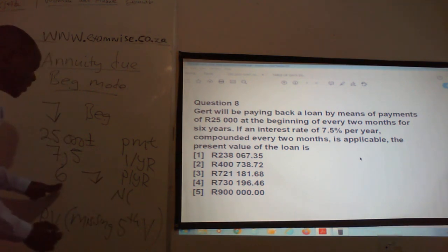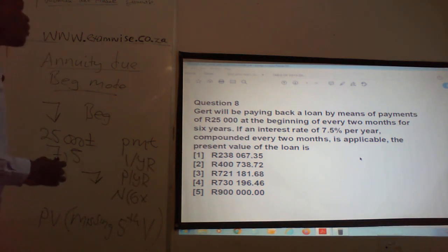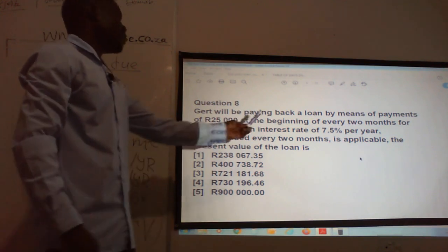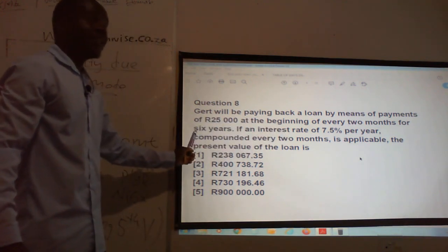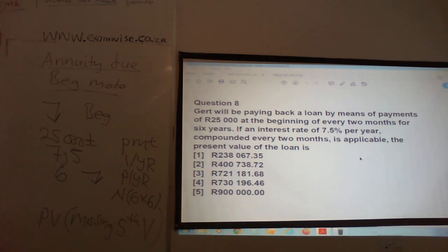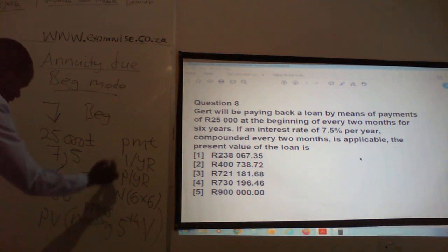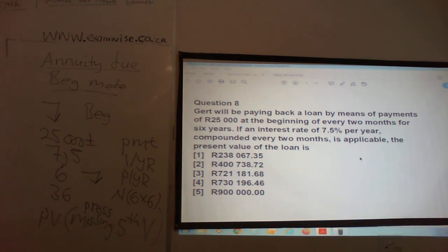So our N will be number of compounding periods per annum multiplied by the number of years. So here they said every 2 months for 6 years. So our number of years here is 6. So it will be 6 multiplied by 6. Then here we do have 36 as our N. So we are now having 4 variables. Once we entered all the 4 variables, then we can now press our present value.